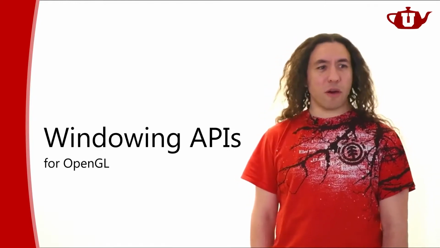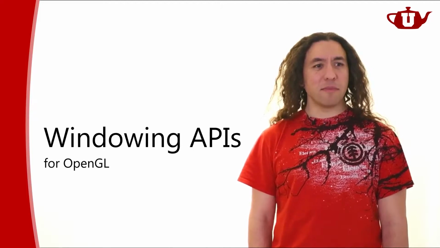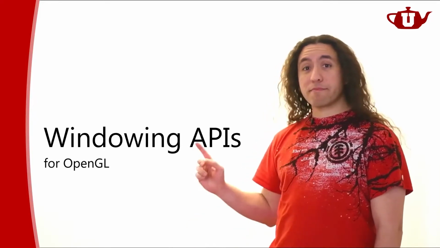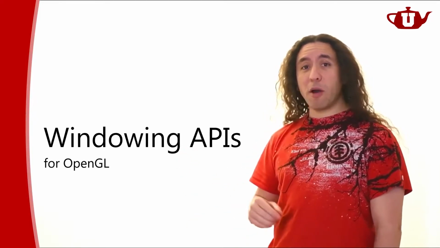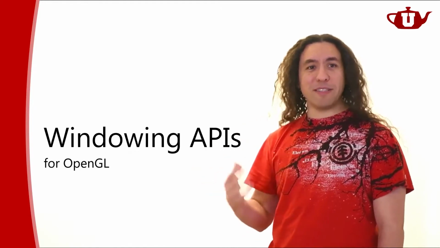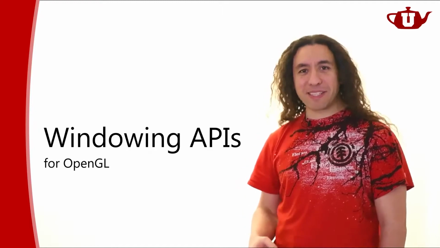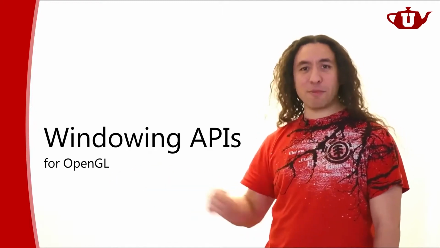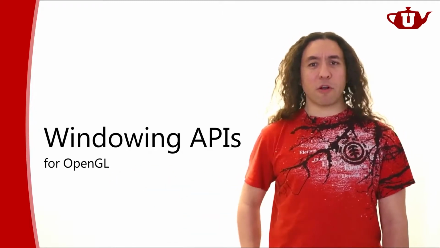So it sort of works on pretty much any operating system. But you'll need to do something with the operating system first. Well, you need to get a window from the operating system, right? You're going to need to do some things with the operating system before you can start using OpenGL. And that's what we were going to talk about today.